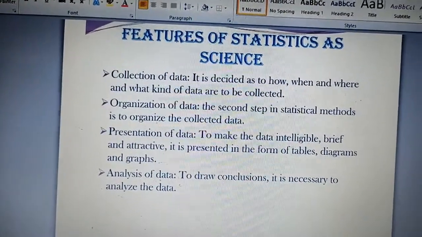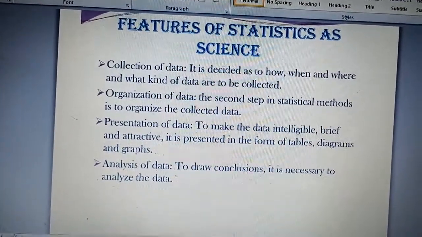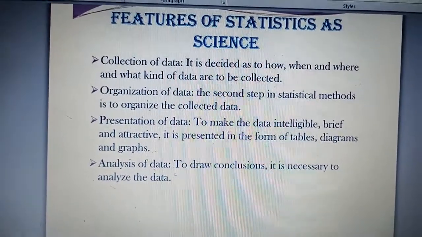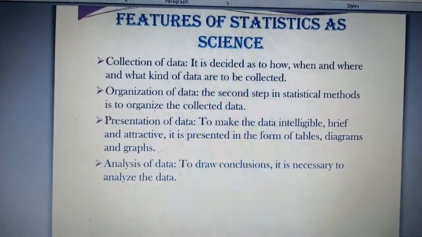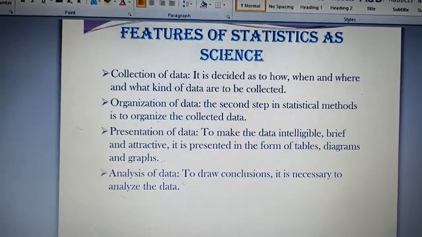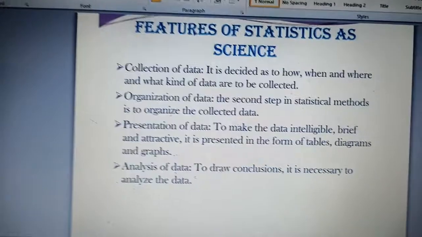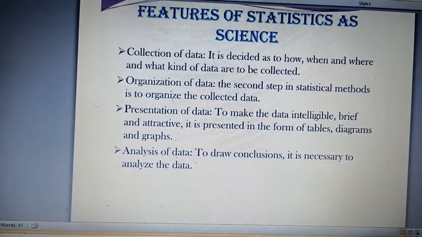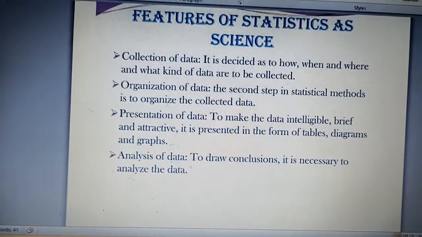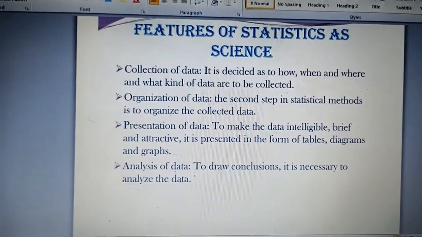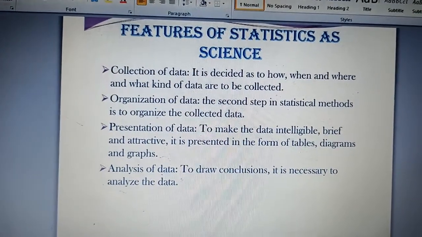Collection of data means it is decided how, when, and where and what kind of data are to be collected. Naturally, when we collect data, then how to collect, when to collect, where to collect, what kind of data are to be collected. These are the questions. Organization means, second step in the statistical method is to organize the collected data. Organization means to make in form of tables and series like that.